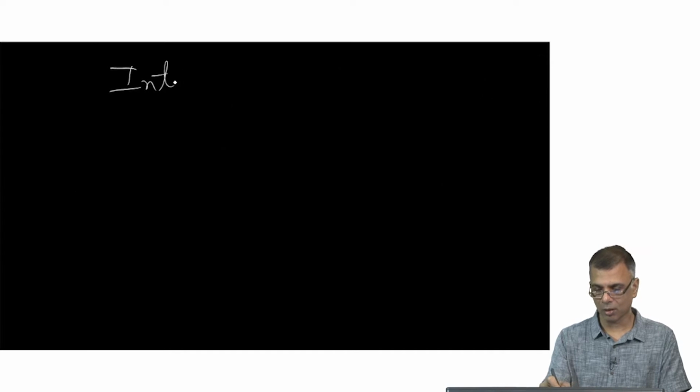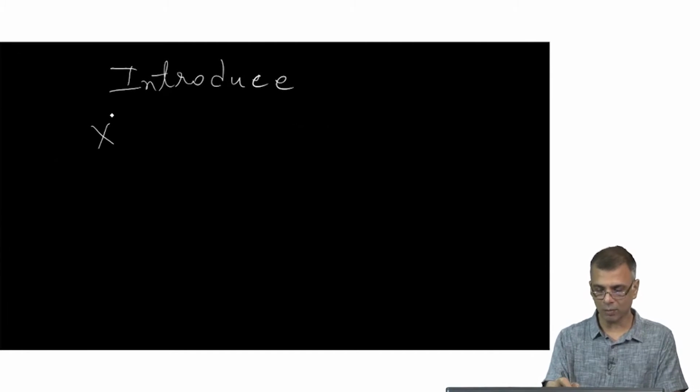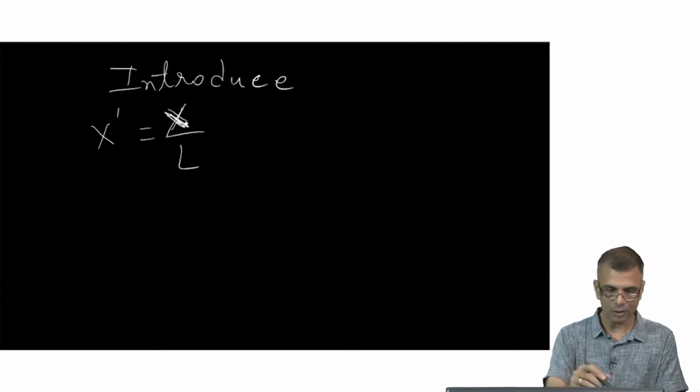Then we did something very important. We said, let's introduce the non-dimensionalized variables. x prime is x divided by L. So you notice x prime as such is dimensionless because L has the dimensions of length, as does x.